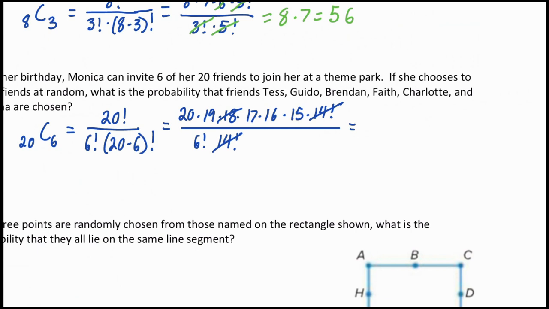What do we get? 5581440. I'm talking about the final number. Oops. Did I do something? I got 4651200. I did not get that.